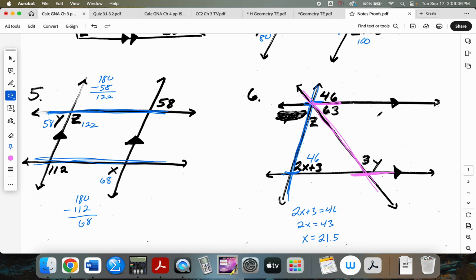You're all over this. Very nice. So 3y plus 63 is equal to 180. Subtract the 63 from both sides. And we get 3y is equal to 117. So we get y is 39.